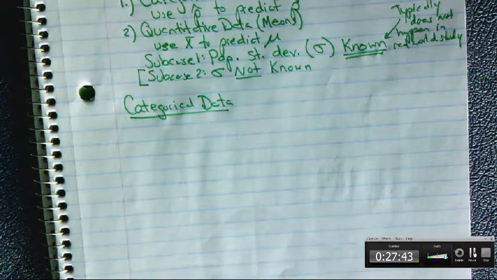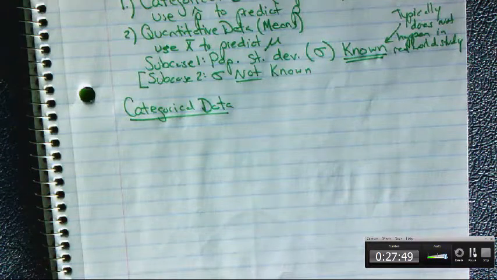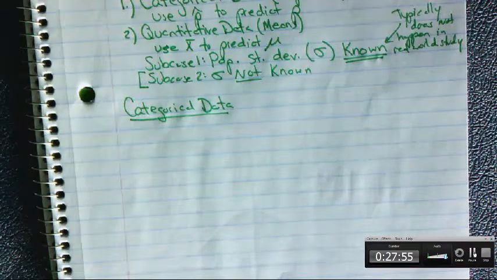If we're dealing with categorical data, what's our measurement? It's a percentage or a proportion. And if you're trying to use your sample to make a prediction about the entire population, how many samples are you looking at?